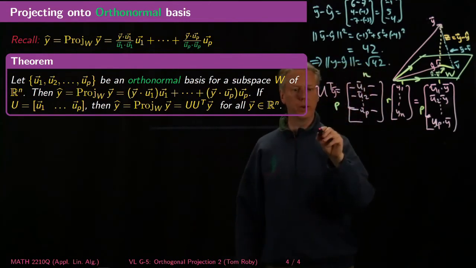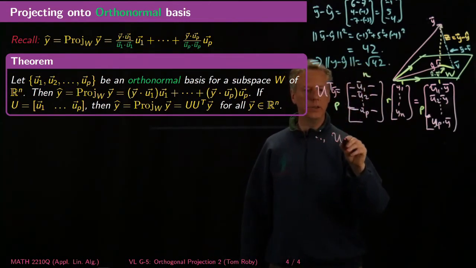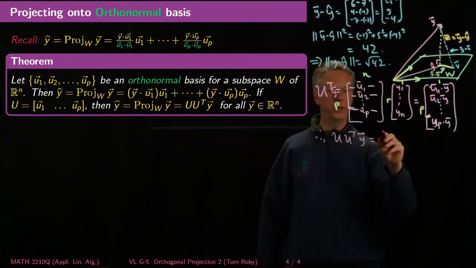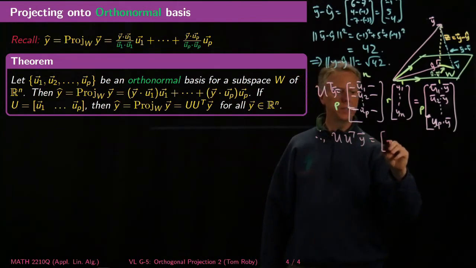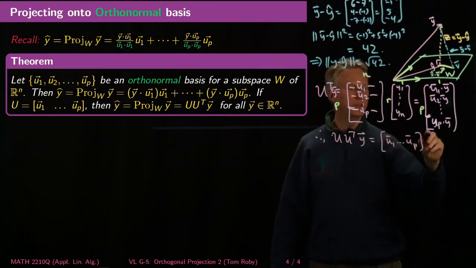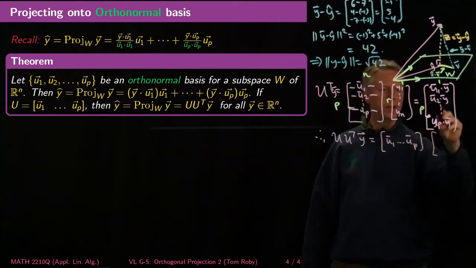And so therefore, U transpose y is equal to, well, now I take this list of columns, u1 dot dot dot up, and I multiply them by this thing up here.